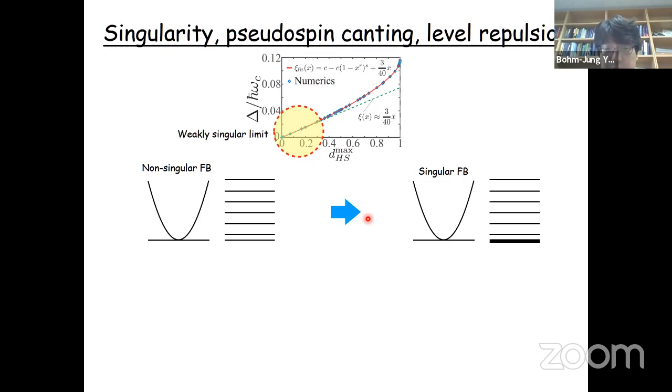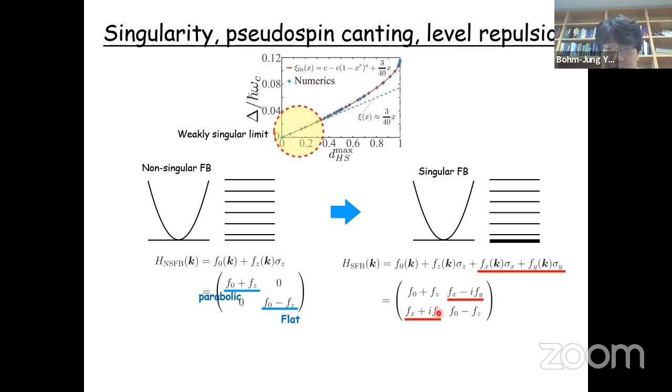Before you apply the magnetic field, the Hamiltonian for the non-singular flat band has this simple form. It is already block diagonal. Since only a single Pauli matrix appears, the corresponding pseudospin always points in the same direction. Very simple. Now if we add a small off-diagonal term, we see the singularity at this crossing point. Moreover, since these off-diagonal terms are proportional to sigma x and sigma y, once we add them, we immediately see the canting of the pseudospin.